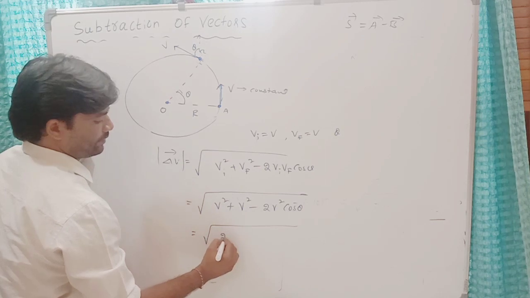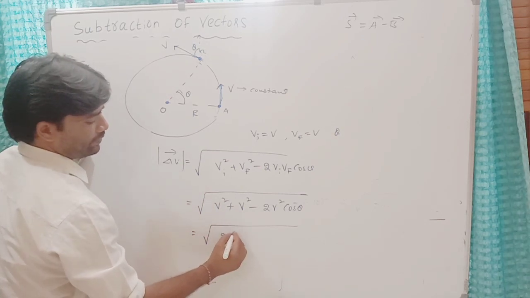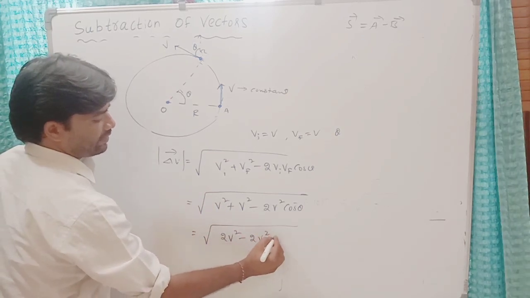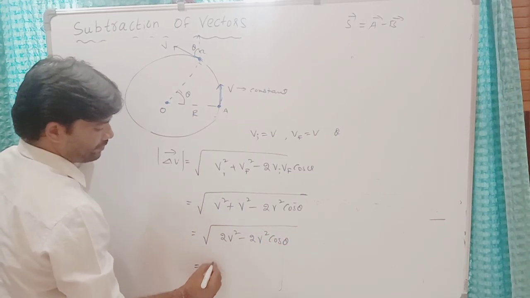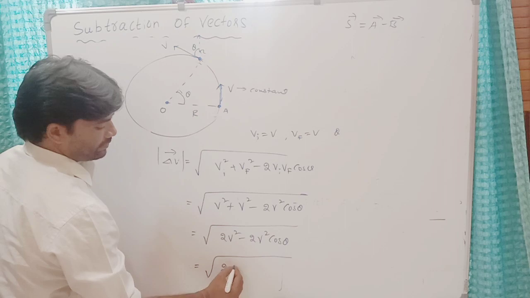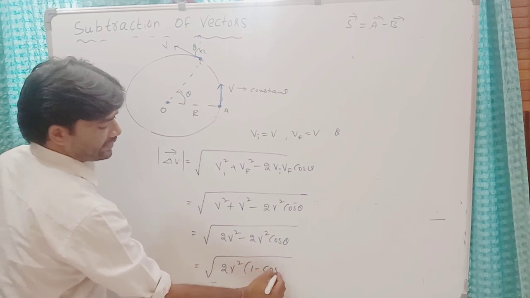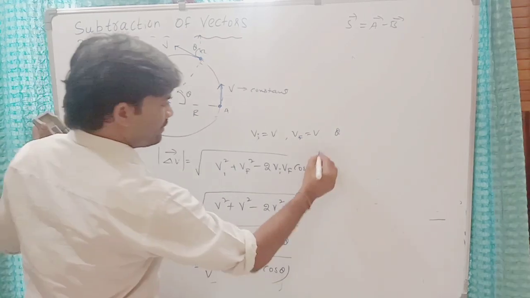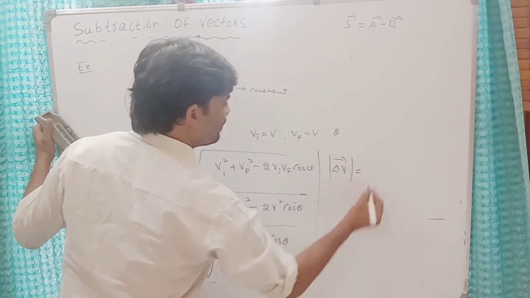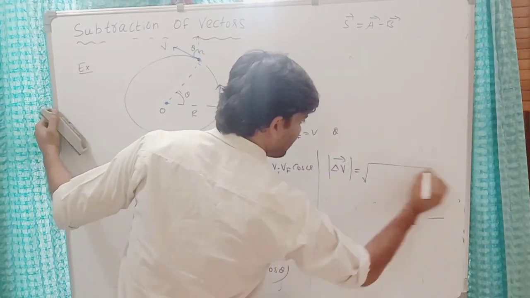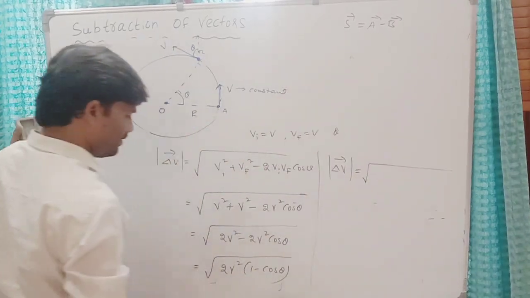This is equal to v square plus v square, 2v square minus 2v square cos theta. But don't write this 0. So here 2v square is common, 1 minus cos theta. It gives the magnitude of change in velocity of the particle moving with constant speed along the circumference of the circle.